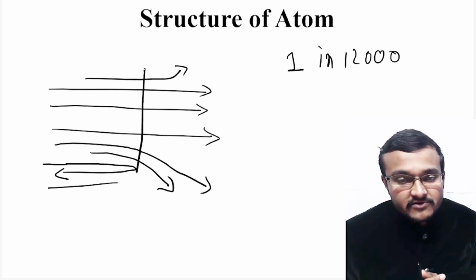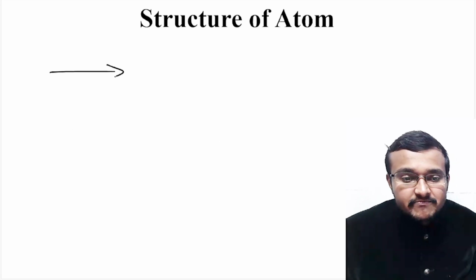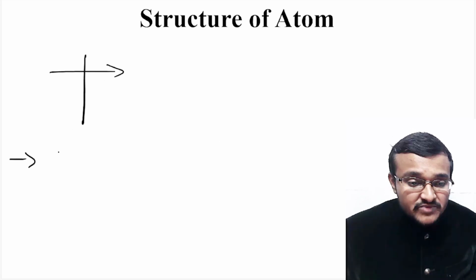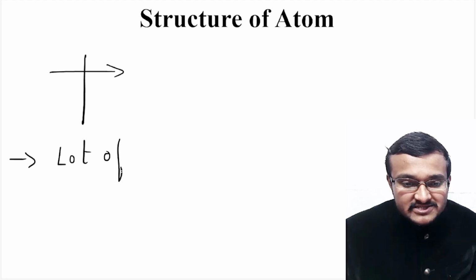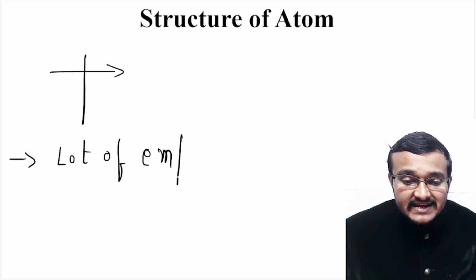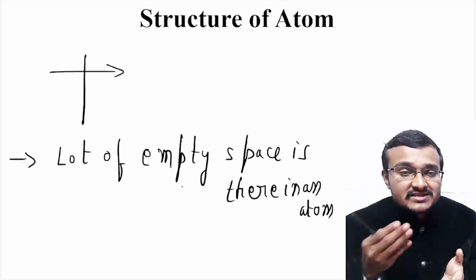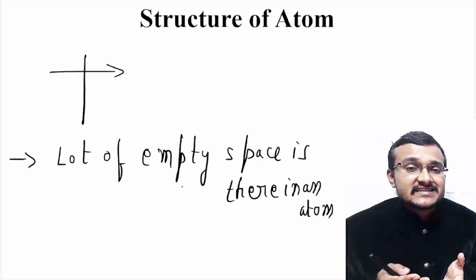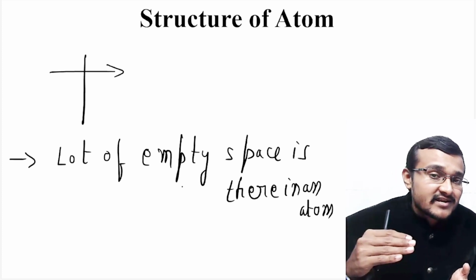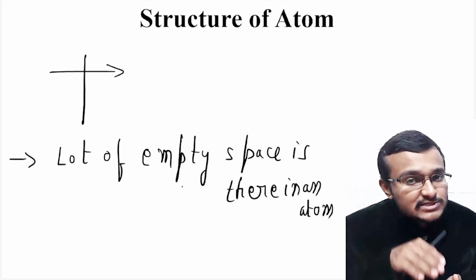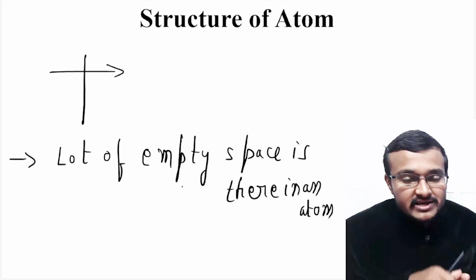from the gold foil. If most of the alpha particles are passing through this gold foil, he gave the first conclusion that a lot of empty space is there inside an atom. Because of this empty space present in an atom, the atoms in the gold foil allow the alpha particles to pass through the gold foil.